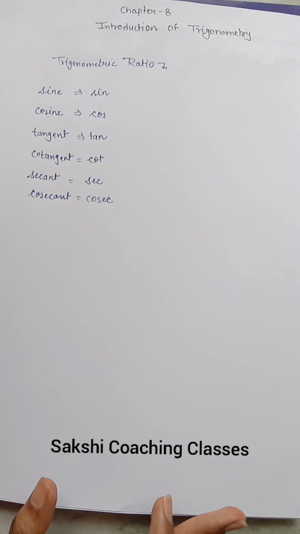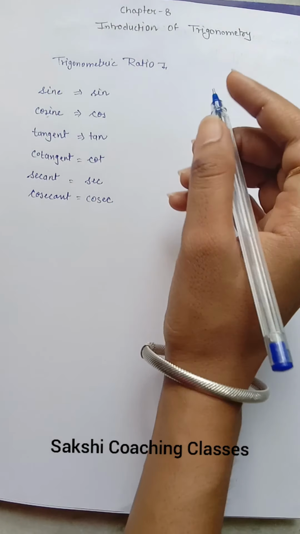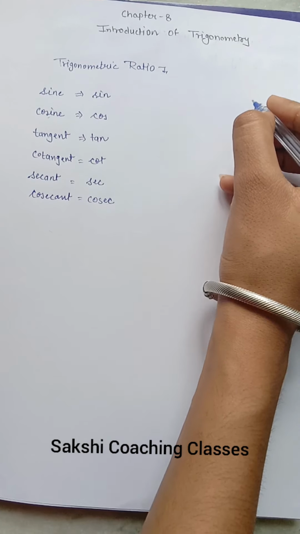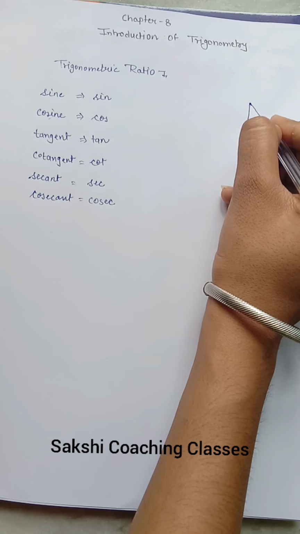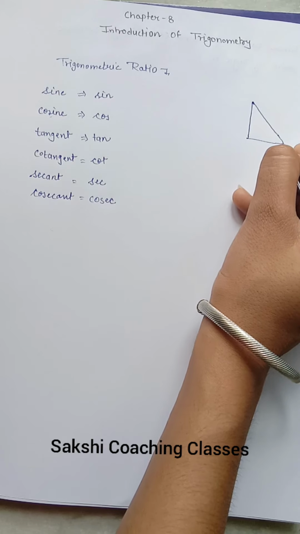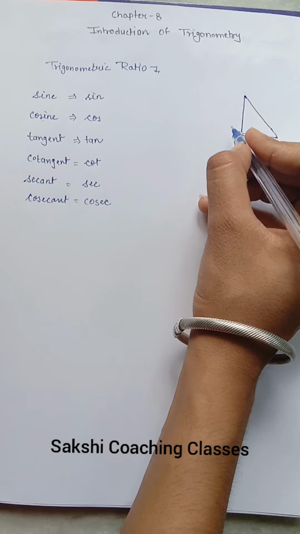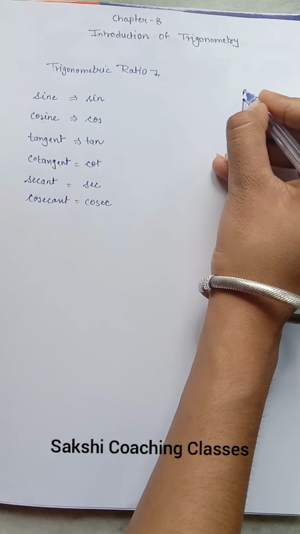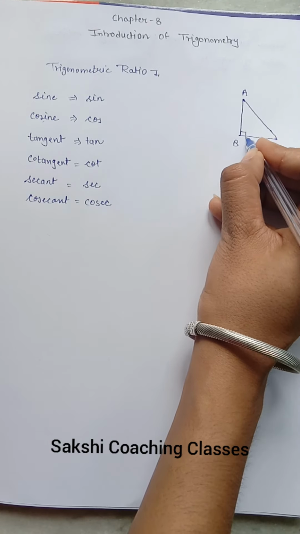Okay, as I said, these trigonometric ratios are applied on a right angle triangle. So let's consider here it is a right angle triangle. Consider it's A, B and C. Here B is the right angle.